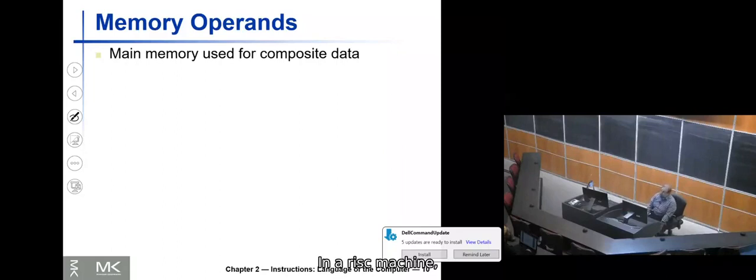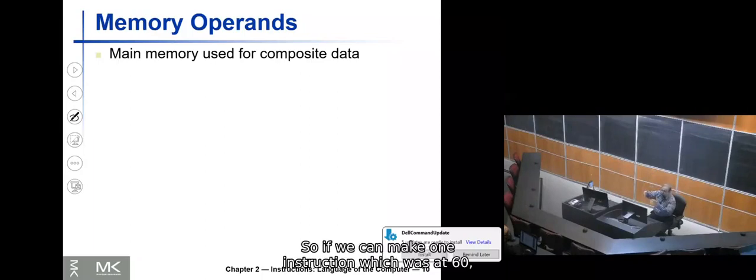In a RISC machine, you should first bring the memory location 67 into a register, and then you add whatever you want to that register. Got the idea? Reduced instruction set. We don't want to use very complex instructions.